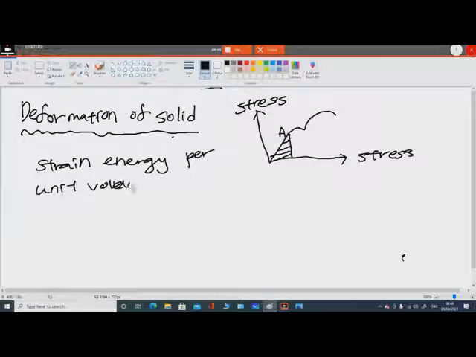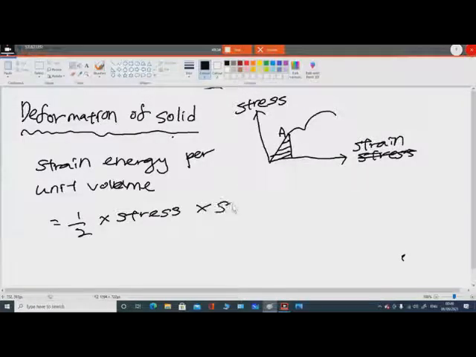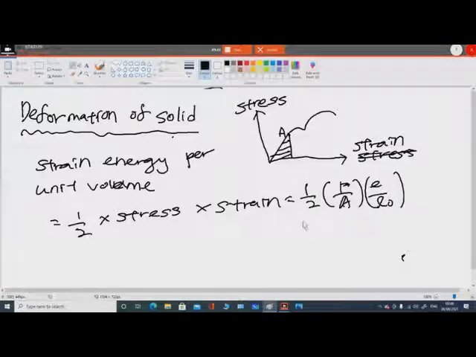Strain energy per unit volume is equal to half times stress times strain. So this one is F over A, and this one is E over L naught. So this is the final formula, the strain energy per unit volume.